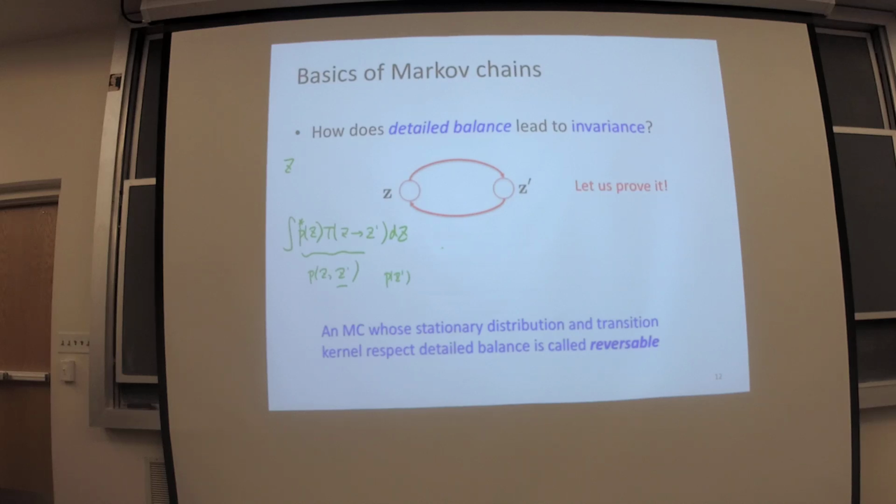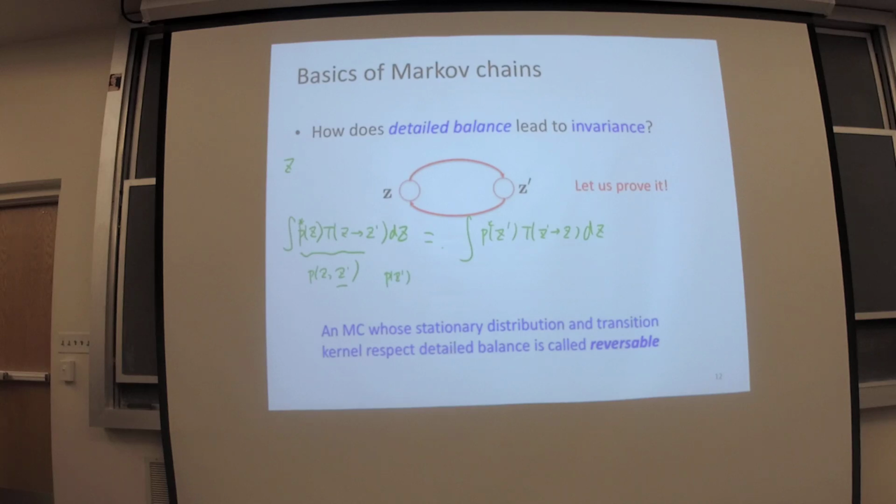According to detailed balance, starting from z and jumping to z prime is the same as starting from z prime and jumping to z. So I can just replace this product by this product, and then integrate over z. What's the result?